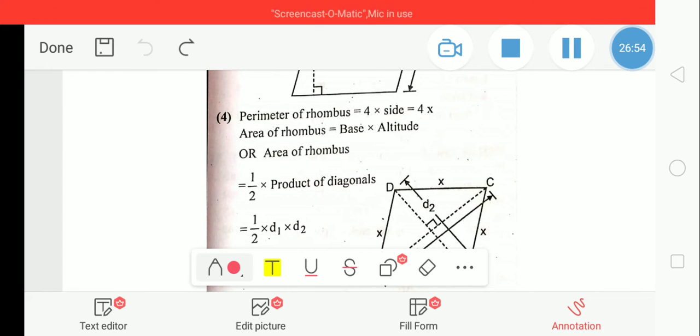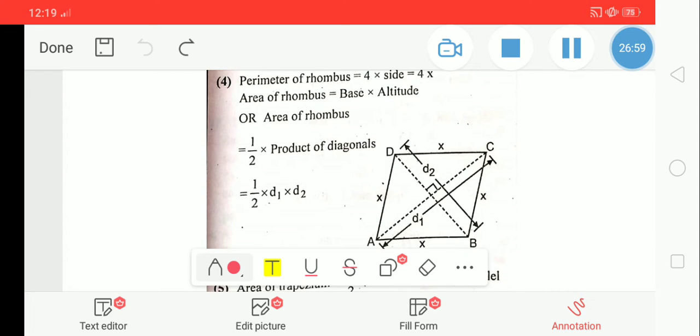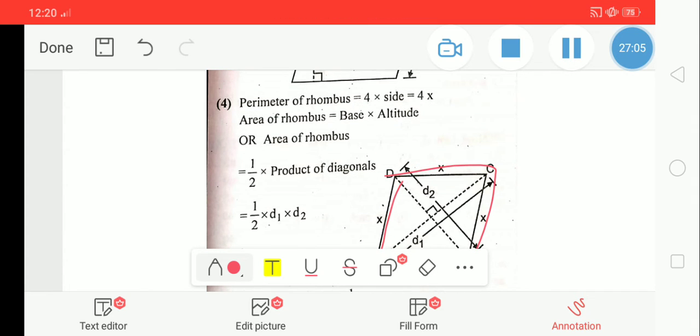Now the perimeter of a rhombus is 4 multiplied by side. Here in a rhombus also all sides are equal, so 4 multiplied by side, that is 4x, and the area of a rhombus is equal to base multiplied by altitude.